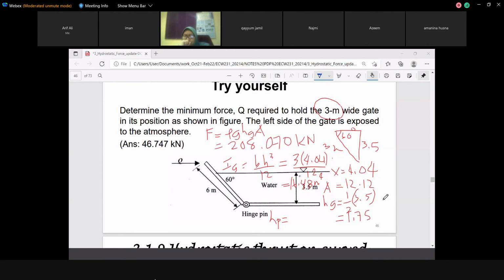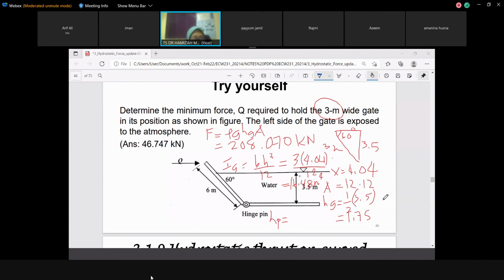Dapat tak? Mana yang lain ni? Satu poin 82. Dapat 1.82. Kenapa lain lah jawapan awak ni? Doktor, saya dapat 2.439. Lari sikit tapi nak dekat dah, Najmi.